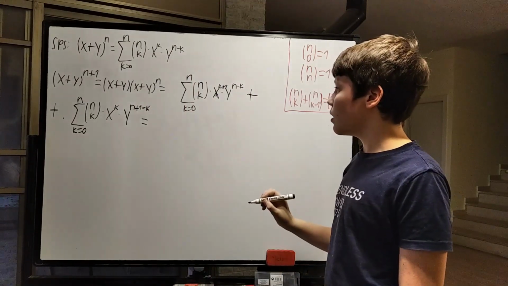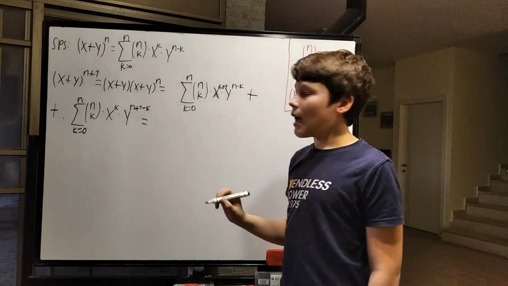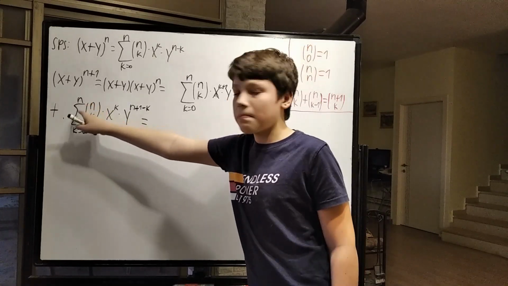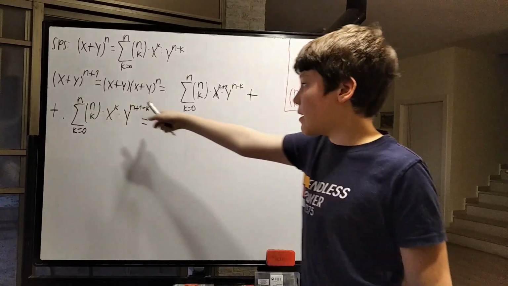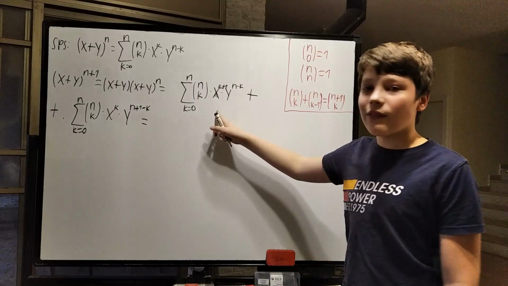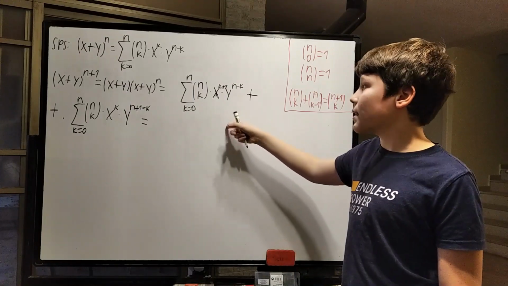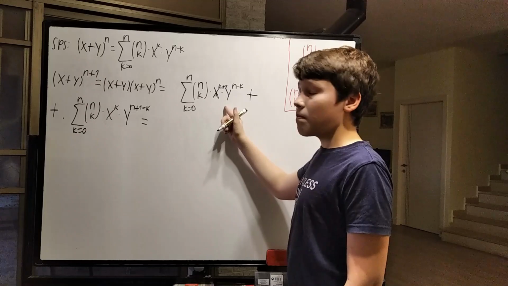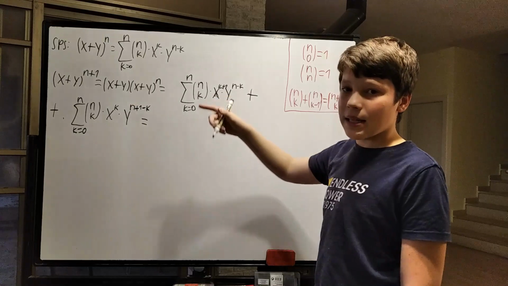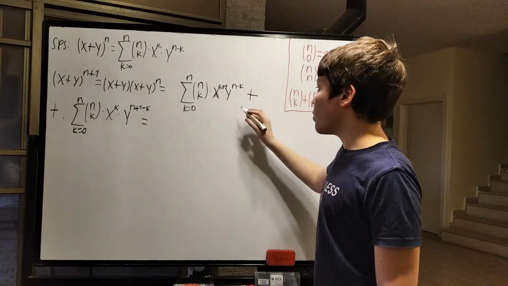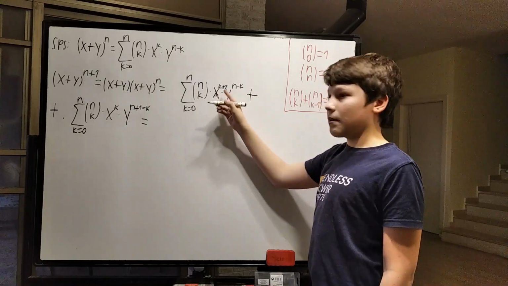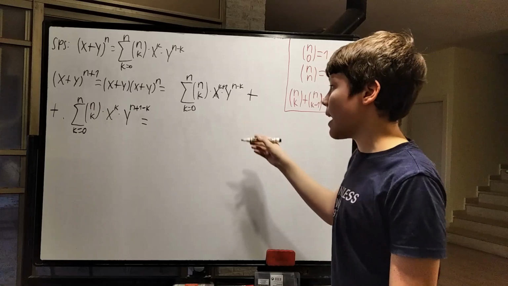Now, let's see. Here, this is the form that we want, except for the choose, and it ends at n instead of n plus 1. But the power of y is how we want. Here we have x to the k plus 1. Let's fix it by replacing k with k minus 1. So here we'll have n minus the quantity k minus 1, which will turn to a power of n plus 1 minus k. x to the k plus 1 will turn to x to the k.